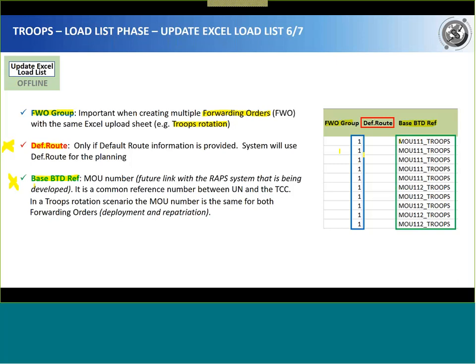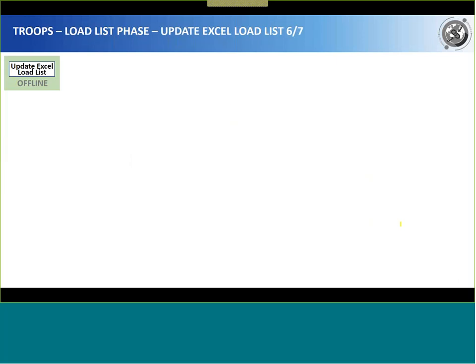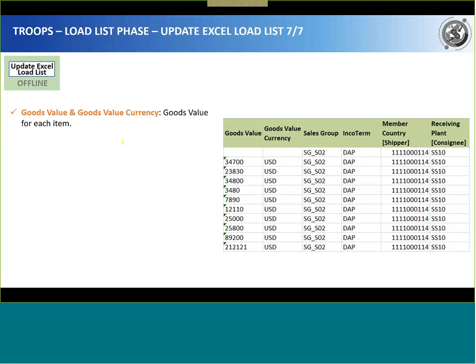So we said that there is a different numbering convention for the base reference. The one that says MOU here is changing the naming convention. Goods value and currency, for the items.